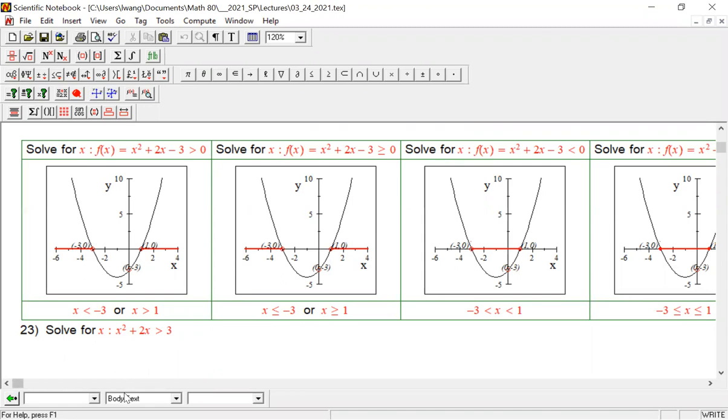You might notice that if I subtract 3 from both sides, what do we get?